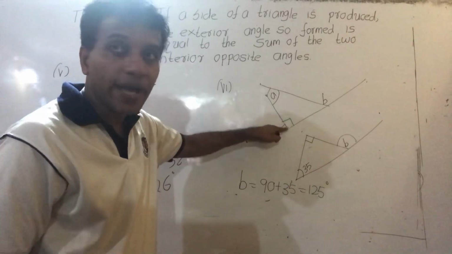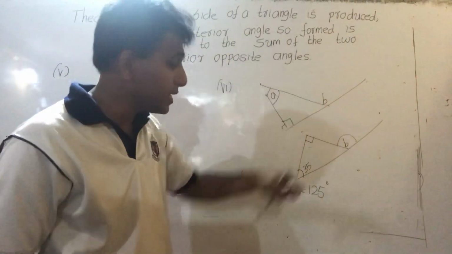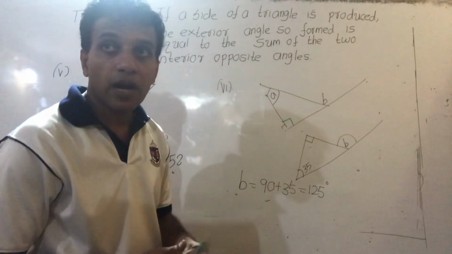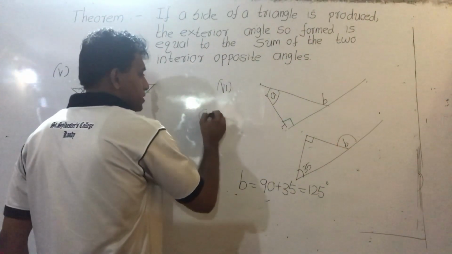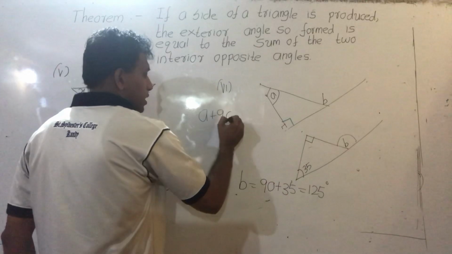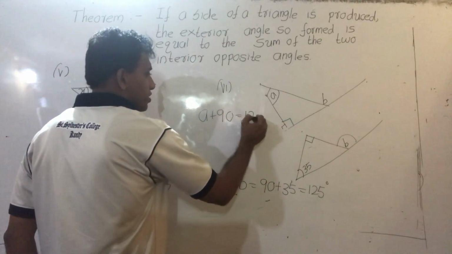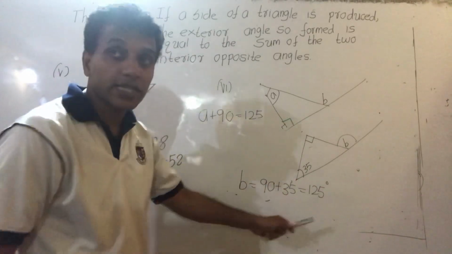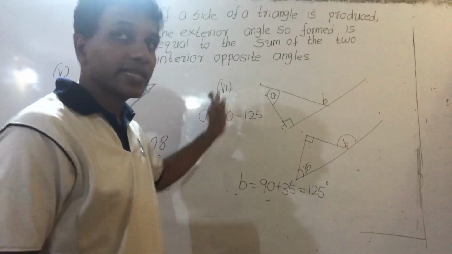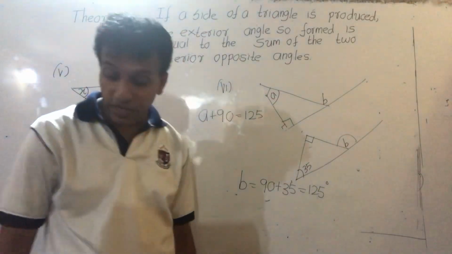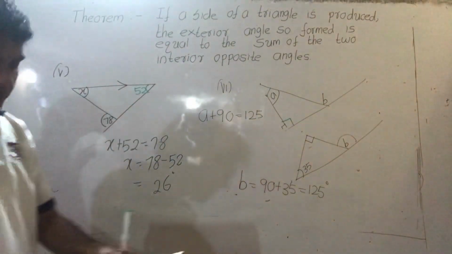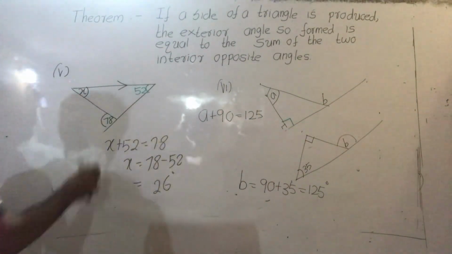A plus 90 is the exterior angle, 125, because B is that. So subtract the 90, and the value is 35 degrees. Okay, that's the method.